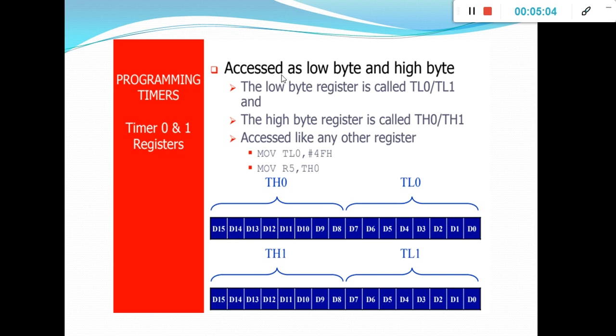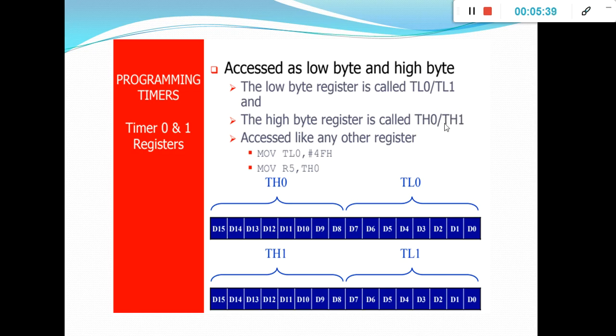So those timers can be accessed as a low byte and a high byte. How can they be accessed? The low byte register is called TL0 or TL1, where 0 stands for timer 0, 1 stands for timer 1, and L stands for the lower byte of those timers. Similarly, those timers can be accessed in terms of the higher byte register, denoted as TH0 and TH1. TH0 is the higher byte of timer 0, and TH1 is the higher byte of timer 1.